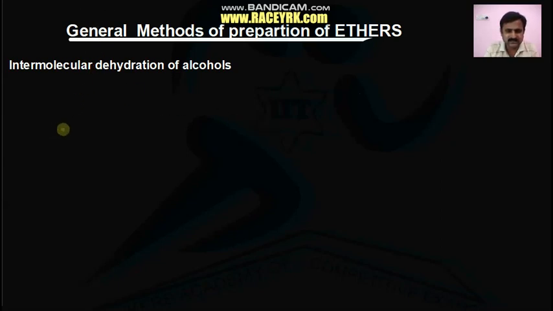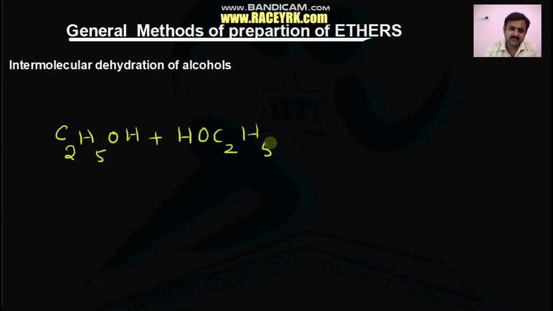How can we write the equation? Ethyl alcohol, C2H5OH. If you take 2 moles of ethyl alcohol, HO-C2H5 and C2H5OH, you can show the removal of a water molecule from this, in the presence of anhydrous AlCl3.